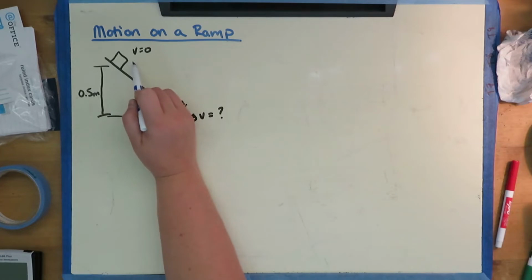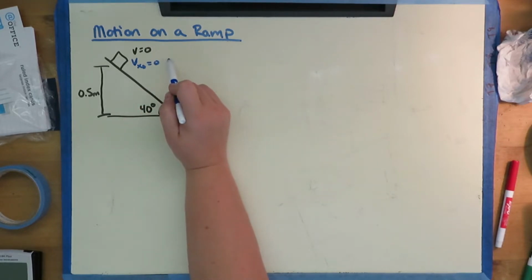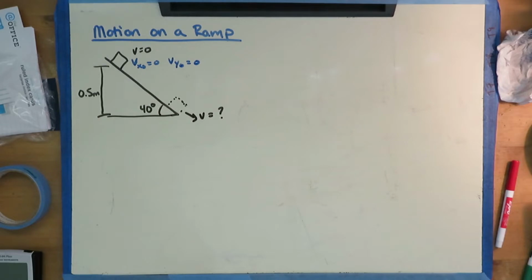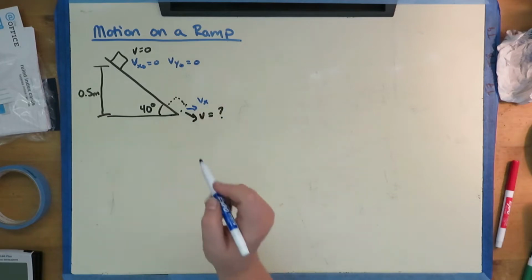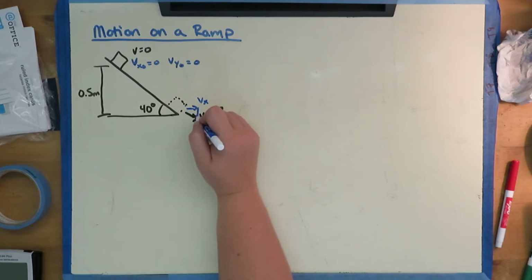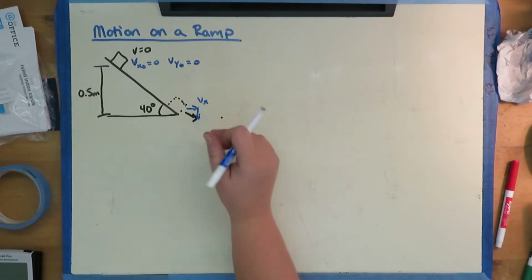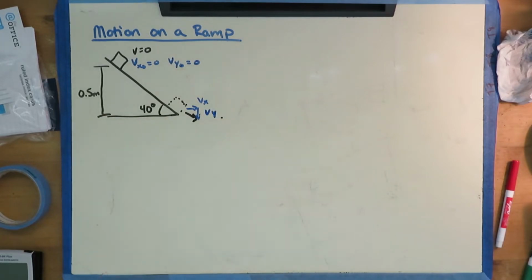In which case you would have an initial velocity in the x direction, which would be 0, and an initial velocity in the y direction, which would be 0. And then we would have some final component of this velocity vx, and another component vy, and those would add up to be some final velocity v.